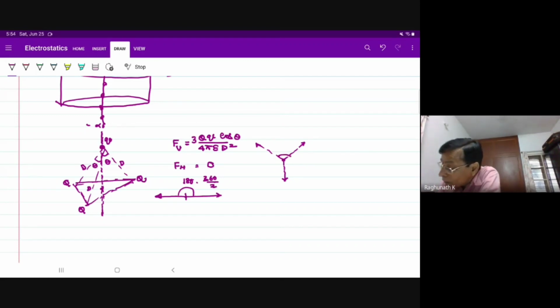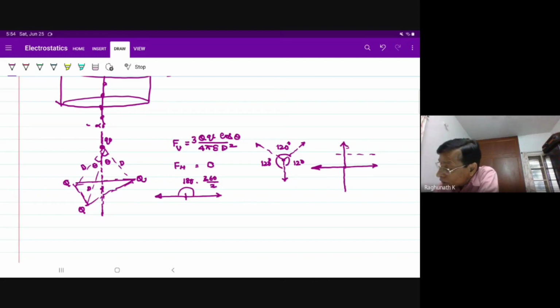If 3 forces, they basically form a closed triangle with 120 degrees, right? Which is equal to 360 by 3. The resultant is 0.